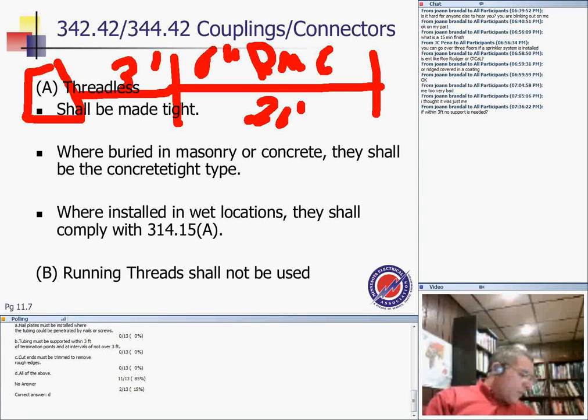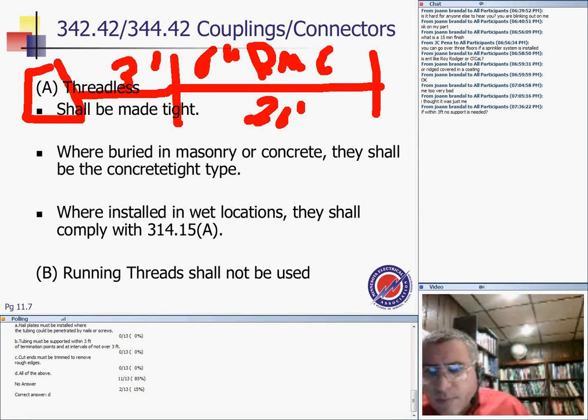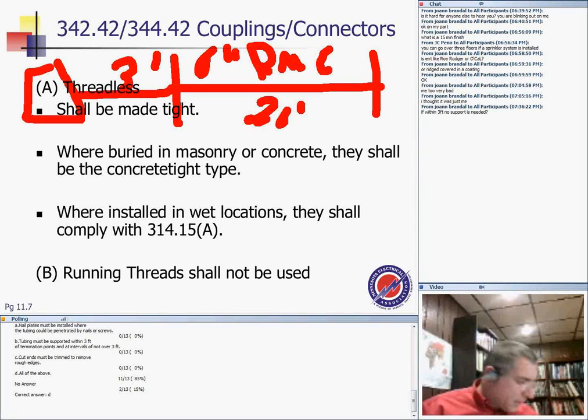For this part, 310, the bigger the conduit, the longer the distance. Within 3 feet, no support is needed. More than 3 feet, support is needed. That's how you see it with 18 inches.